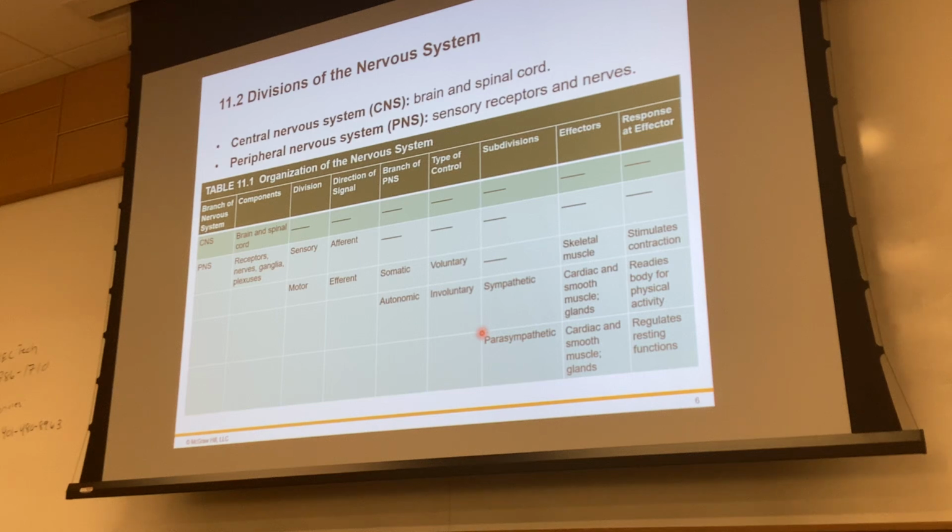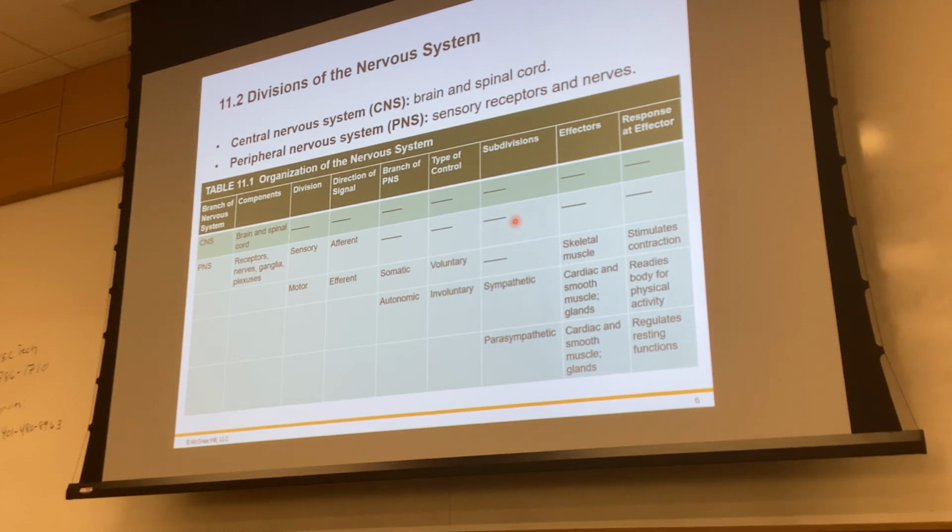The body has a whole bunch of other stuff in the sensory subdivisions, right where my pointer is, called the enteric nervous system. That's a super huge amount of sensory neurons that send signals to the brain and say, this is happening here, this is happening there, what should we do? And then the brain sends signals to either the sympathetic or parasympathetic divisions.